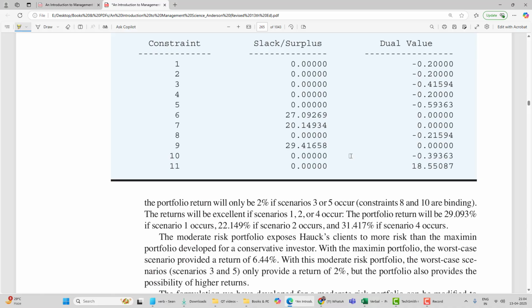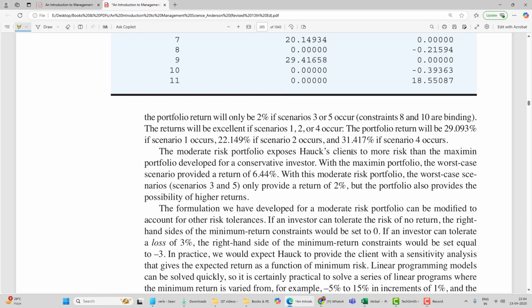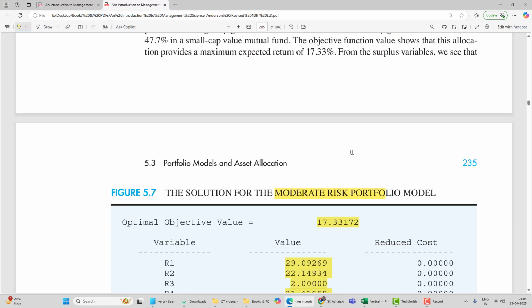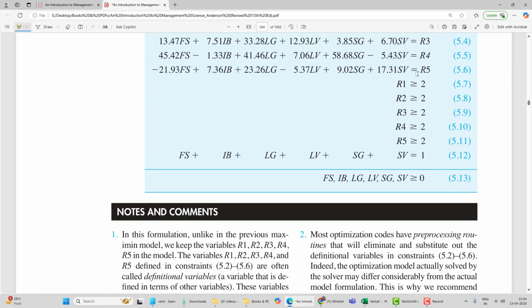If somebody says 1% is okay for me instead of 2, then the values will change. If somebody says no, not 2%, I want 4%, again you will have to change the values here.